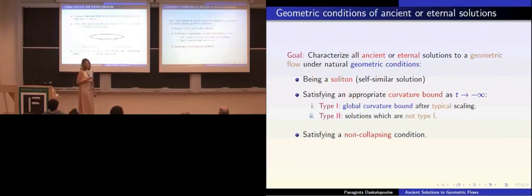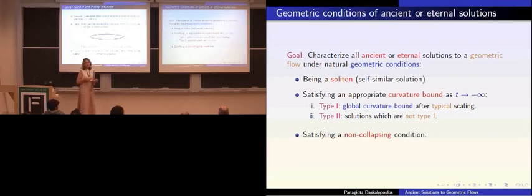Now, a lot of times we would like to prove uniqueness results or classify such ancient or eternal solutions. You need to impose some geometric conditions, because sometimes you have more solutions than you want. And sometimes these geometric conditions are imposed on us by the types of singularities we expect. The simplest geometric condition is the so-called type 1 or type 2.